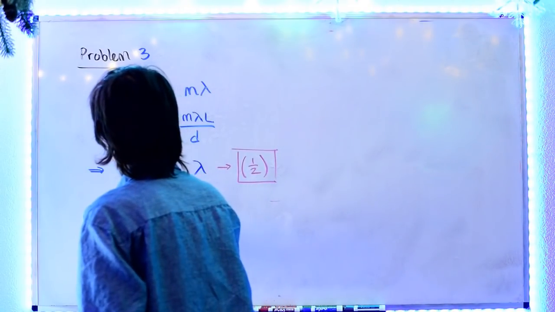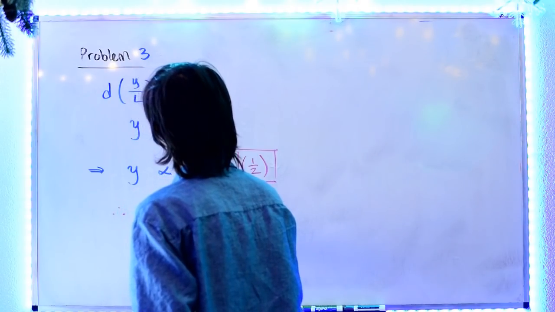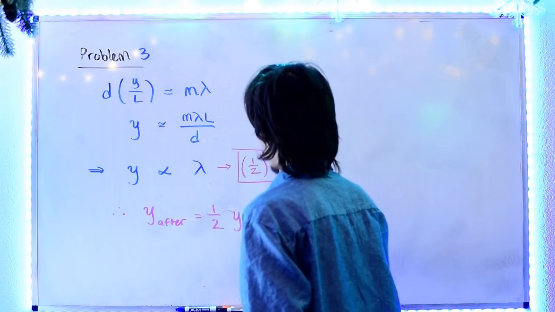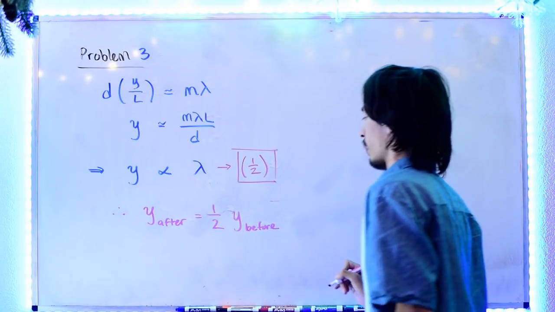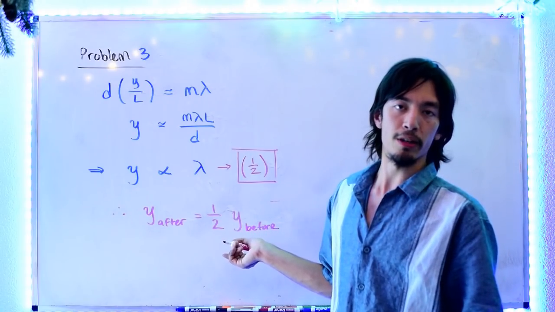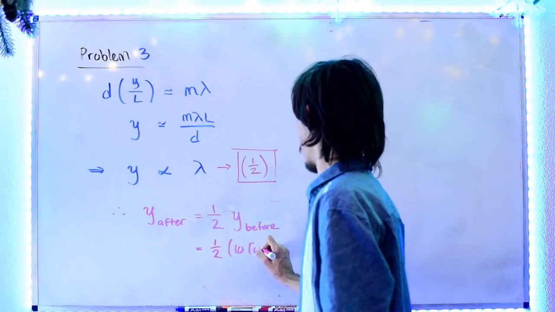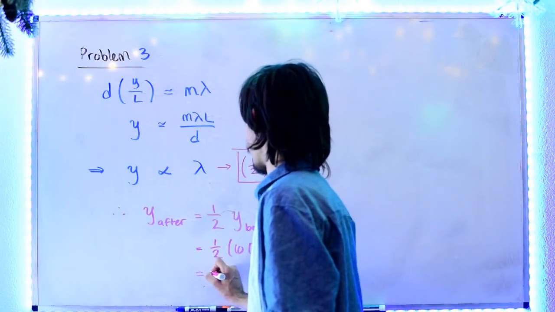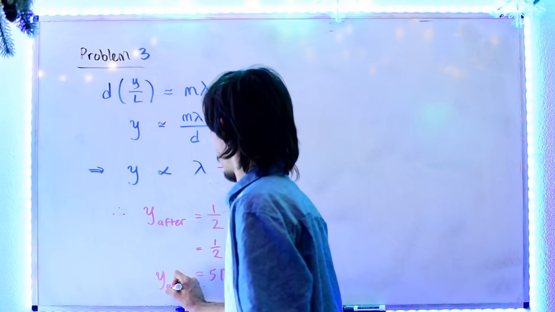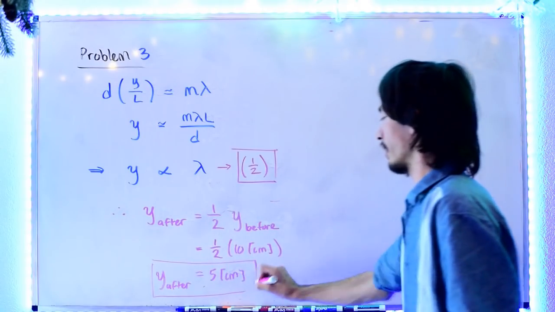Therefore, y after is half of y before. So if the y value before was 10 centimeters, we take half of 10 centimeters, and we get 5 centimeters. So this is the result of cutting our wavelength in half.